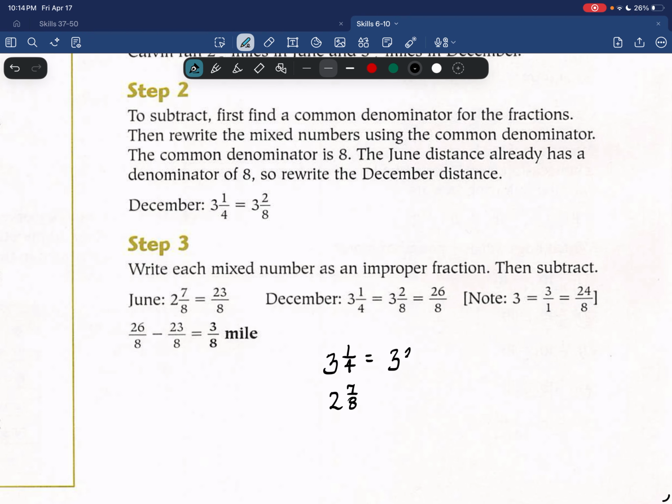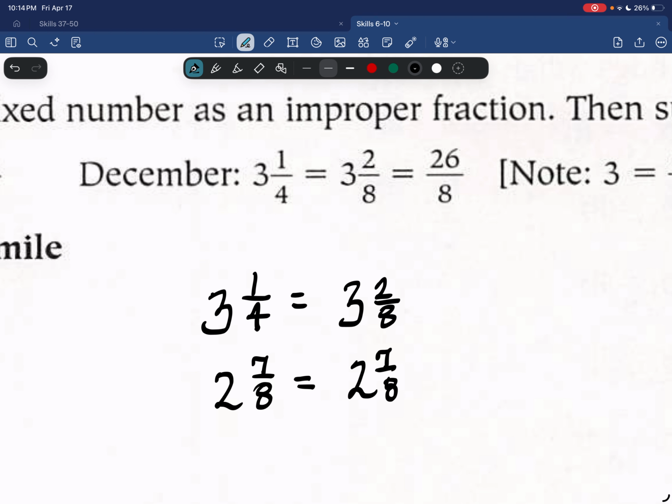So we had 3 2/8 minus 2 7/8. So first we got the common denominator. Then you make the mixed number improper. So you will take this process for both of them. So 8 times 3 is 24, plus 2 is 26 over 8.